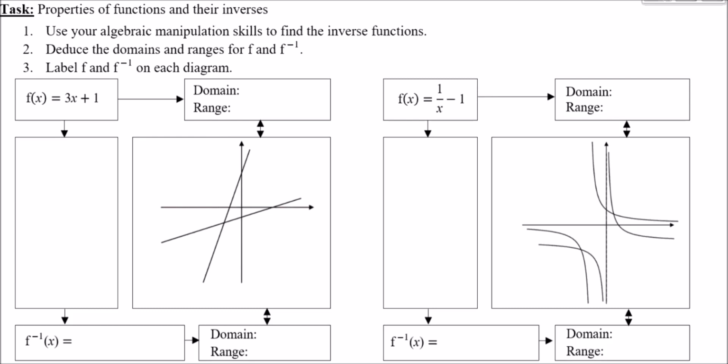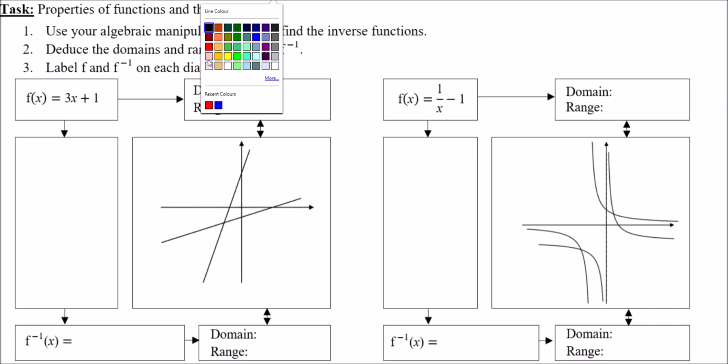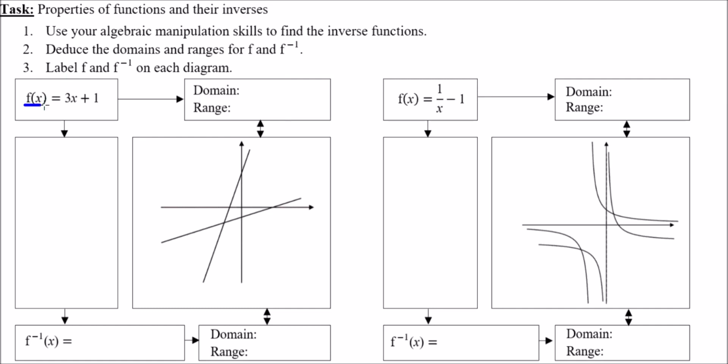First of all, this one we've got f of x is given as 3x plus 1. We can do these in any order we want, to be fair. So f of x is 3x plus 1. It's going to be this line or this one here. Now this one's very straightforward, I think. This is y equals mx plus c. It's going to cross the y-axis at positive 1.